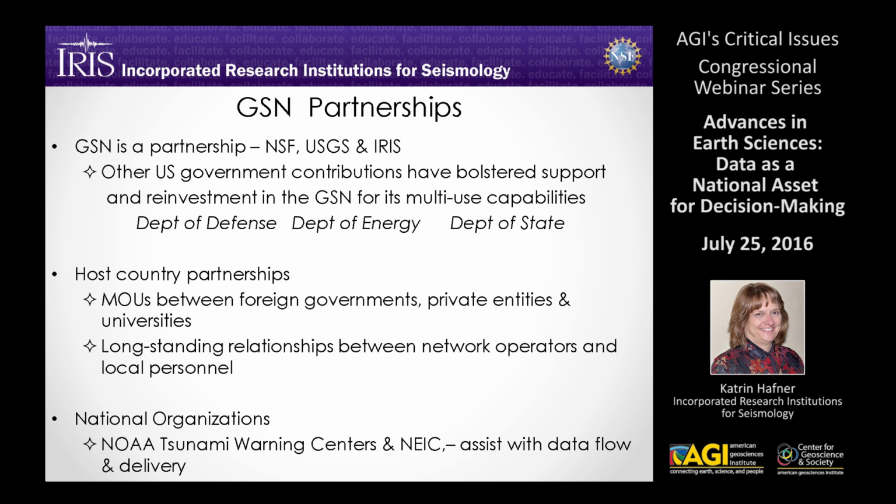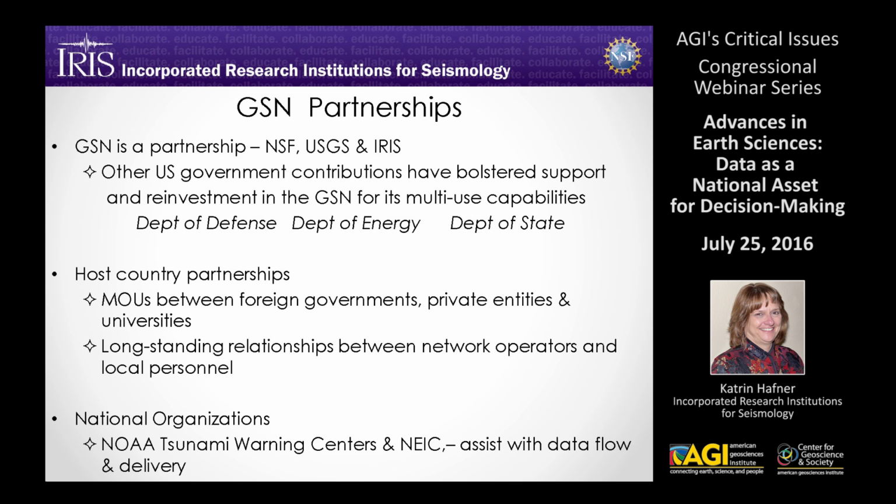So the GSN network is a prime example of a facility that's used by and supported by a number of different agencies. I mentioned that this network is a partnership between IRIS, funded by the National Science Foundation, and the USGS, which uses the data. But a number of other agencies periodically contribute funds to the network to assist in modernization efforts and infrastructure improvements that will benefit the particular missions of the agency.